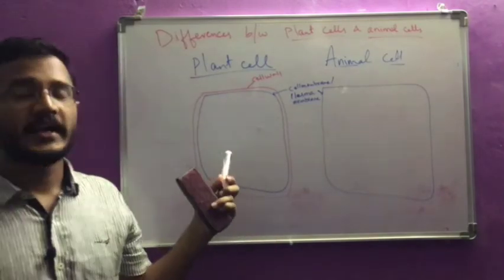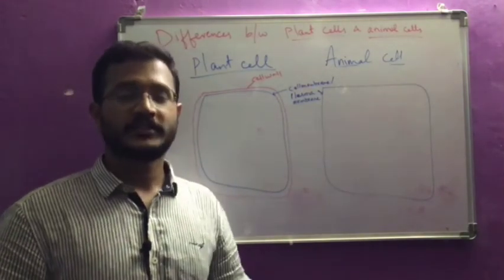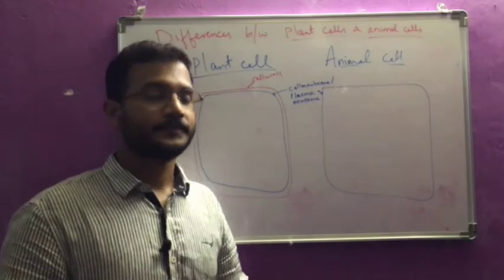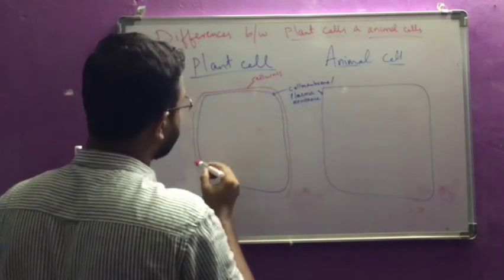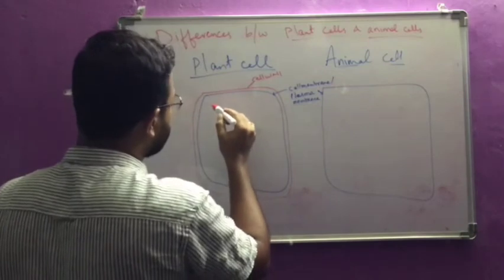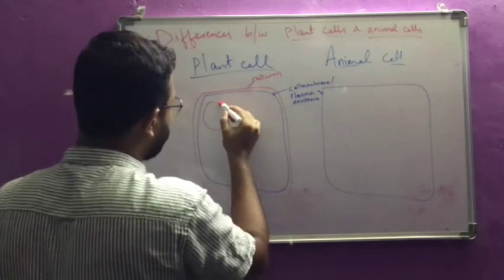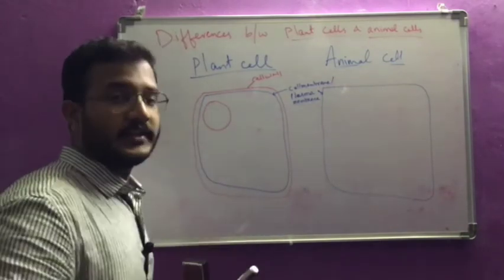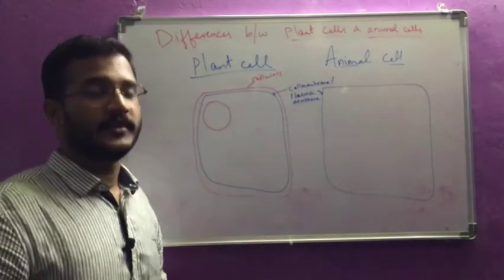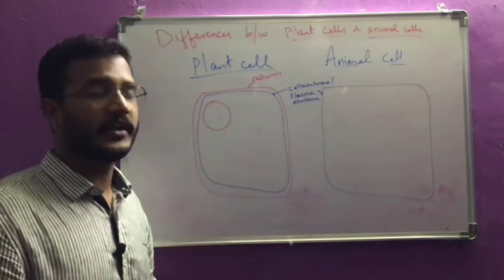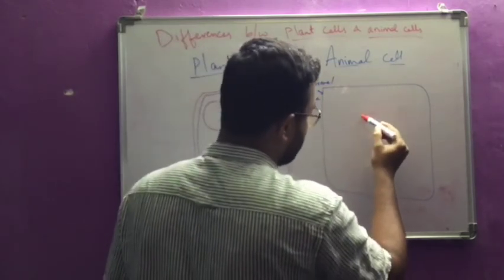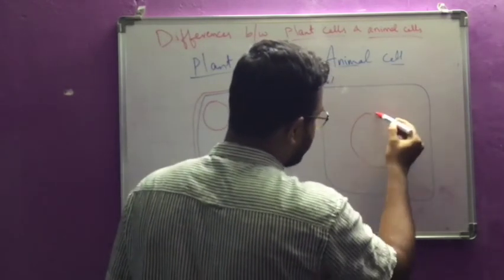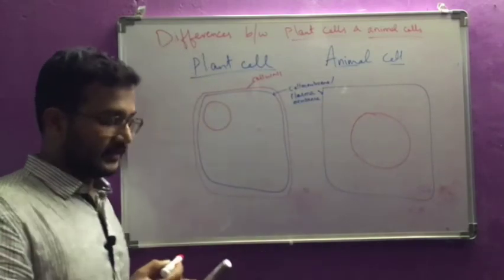Here the plant cell has a cell wall, but the animal cell does not have a cell wall. And here is another major difference: the nucleus of the plant cell is very small and it is moved to the peripheral side, that means the extreme ends of a cell. But in the animal cell, the nucleus is very big and it is present in the center of the cell.